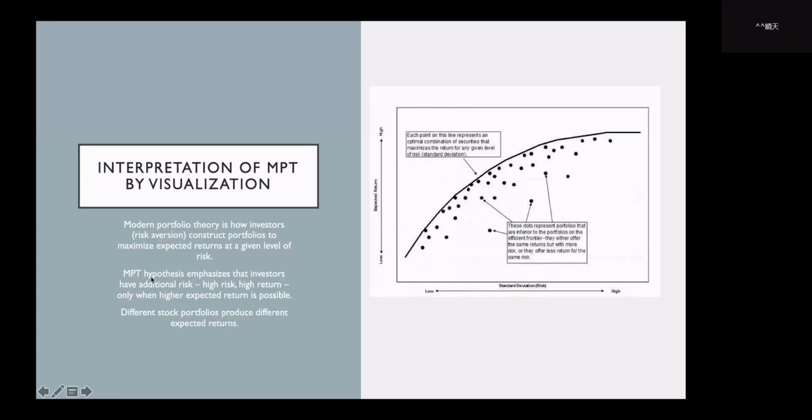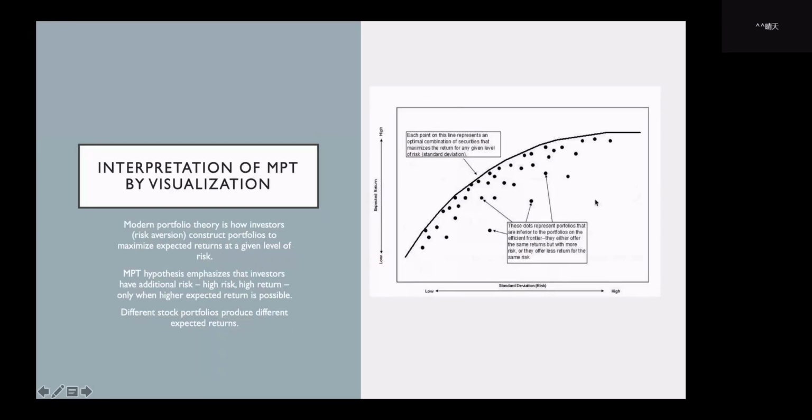The MPT hypothesis emphasizes that investors take on additional risk only when higher expected return is possible. So different stock portfolios produce different expected returns here.